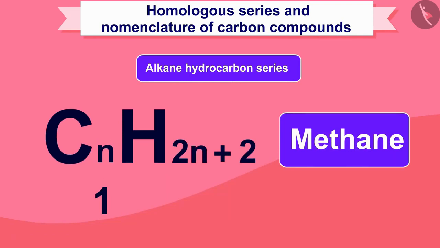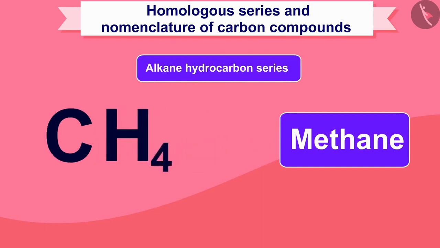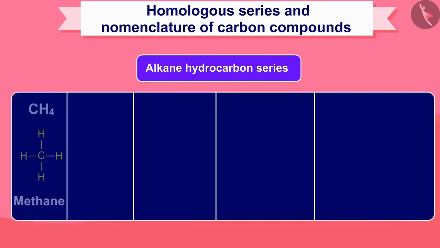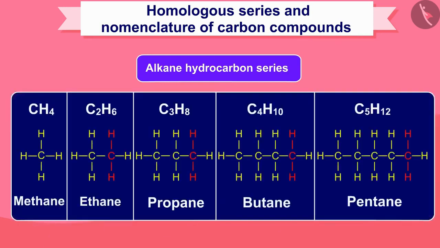Now, if we write 1 instead of n in this formula, we will get the molecular formula of methane, CH4. All carbon compounds in this category have single bonds, and so "ane" will be added at the end of the name, such as methane, ethane, etc.